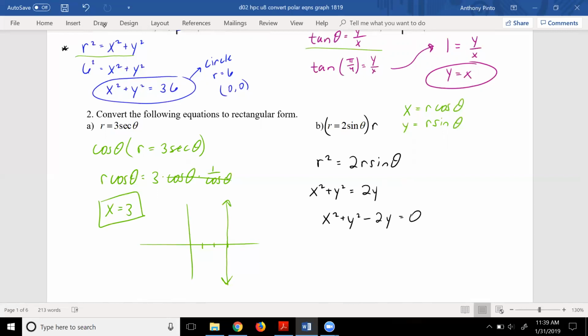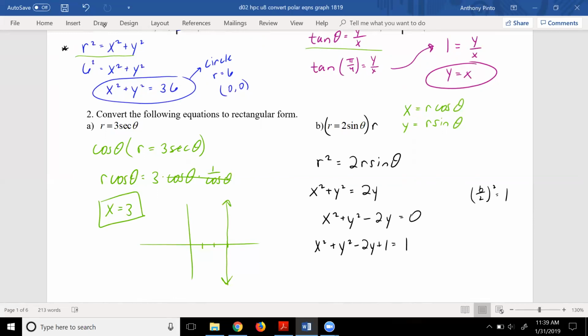you might recognize this as some kind of conic shape maybe. So we have y squared minus 2y. Let's complete the square here. b over 2 squared. So b is negative 2, divided by 2 gives us 1 squared. So that's 1. So I get x squared plus y squared minus 2y plus 1 equals 1.